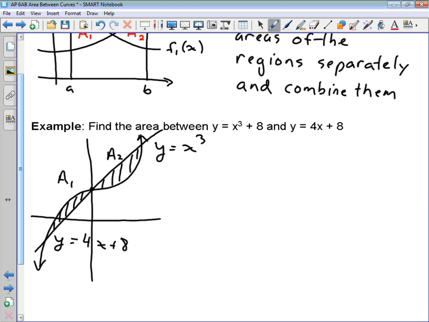So we need to define what our limits of integration are going to be. Step one: find our intersection points by setting our two functions equal to each other.